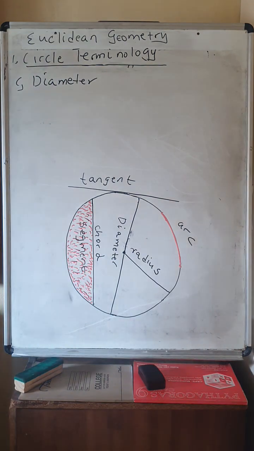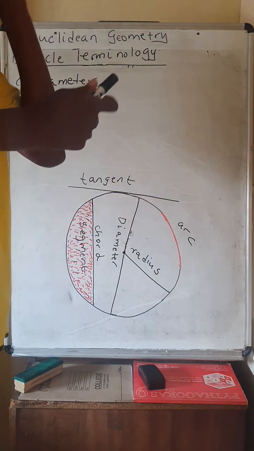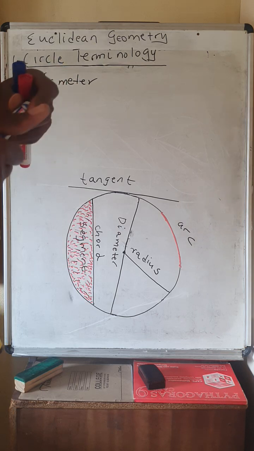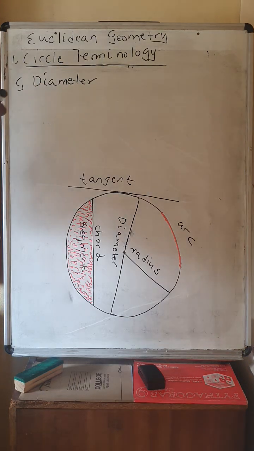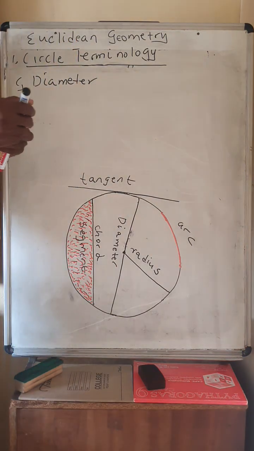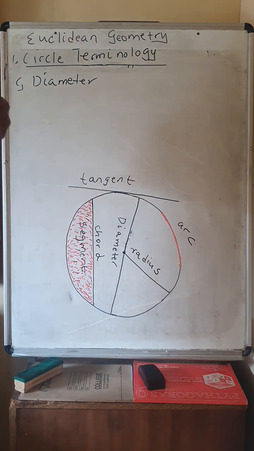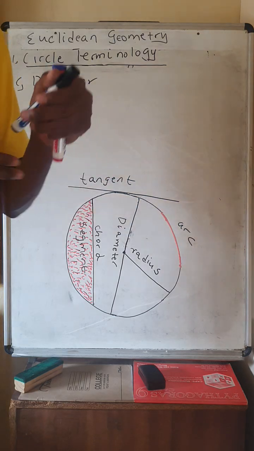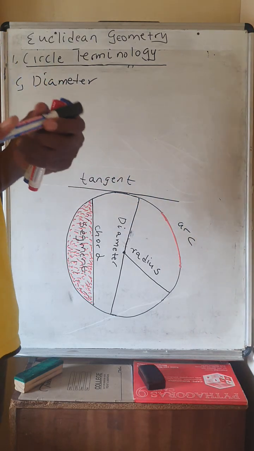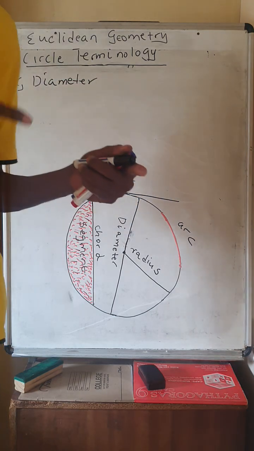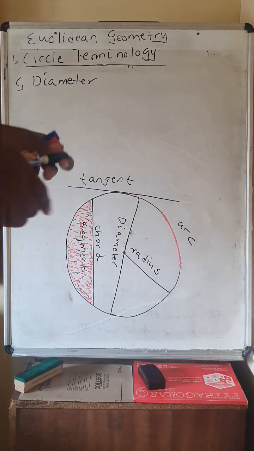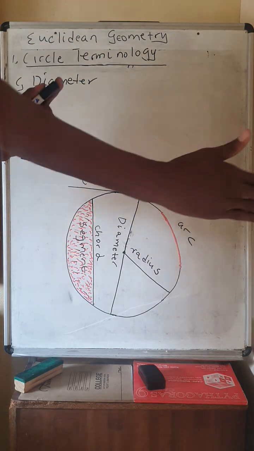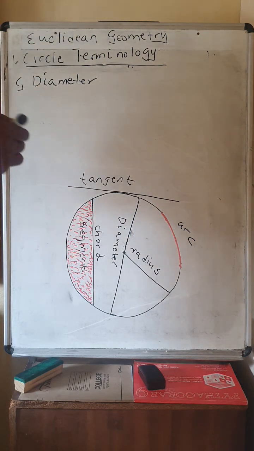A diameter is a chord that passes through the center of a circle. Remember, we already know what a chord is. It's a line segment that joins two points along the circumference. It means a diameter is also a line segment that joins two points along the circumference. However, with a diameter, it must pass through the center of a circle.